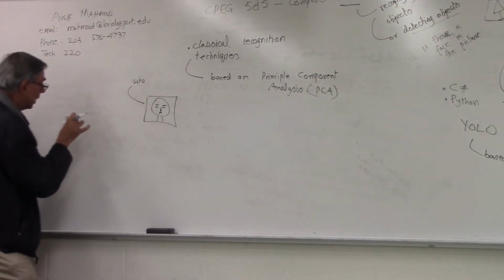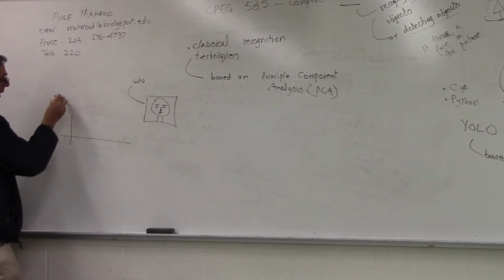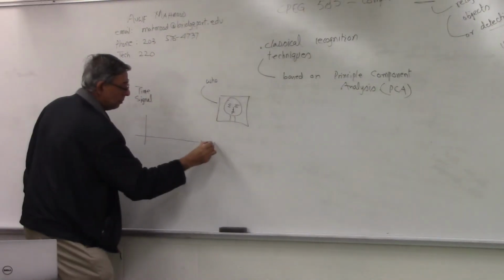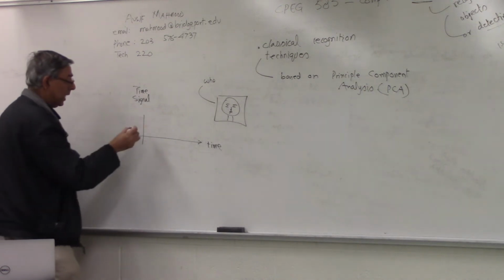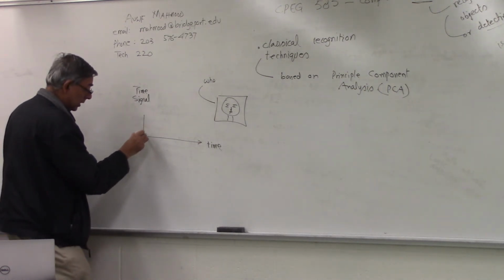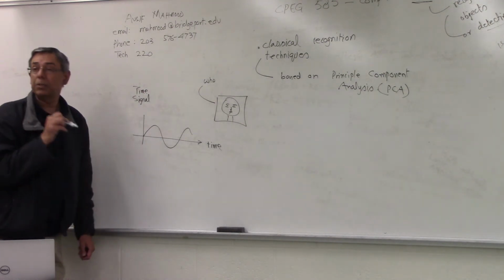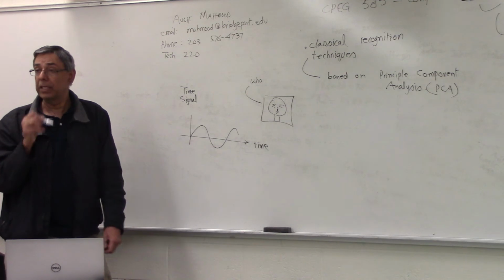So let me give you an idea. Before we do the recognition, let's take an example of a time signal. Suppose this is time, and let's take a look at a simple sine wave. So here's a sine wave, and your goal was to design a system so that you can recognize what kind of sine wave it is.